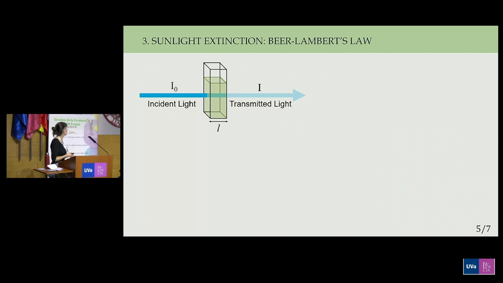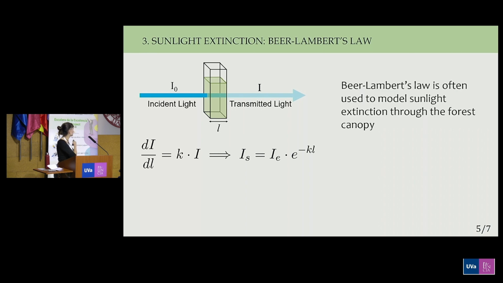Okay, Beer-Lambert's law. When light traverses a medium, it gets attenuated. So Beer-Lambert's law tells us how much of the light gets attenuated. It says that the intensity of the transmitted light depends on the intensity of the incident light, this length, L, and also K, which is the attenuation coefficient that depends on the nature of the medium.